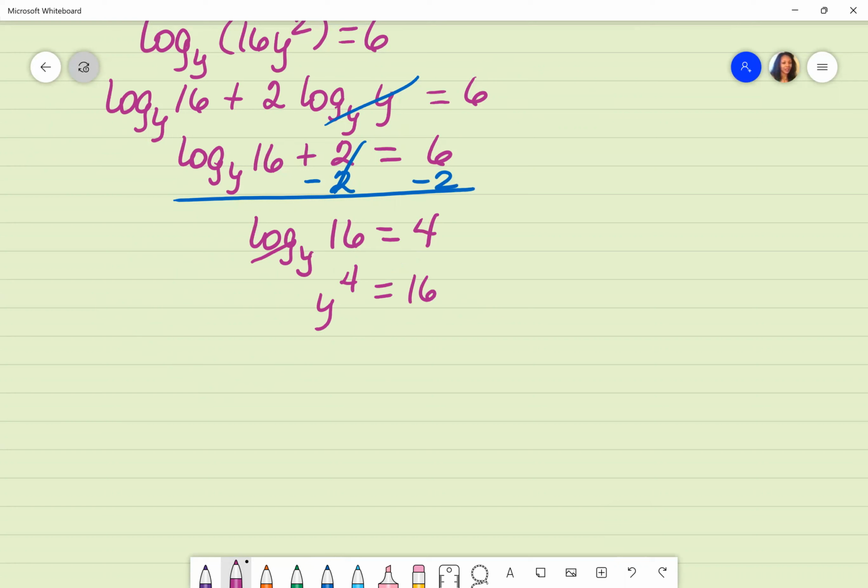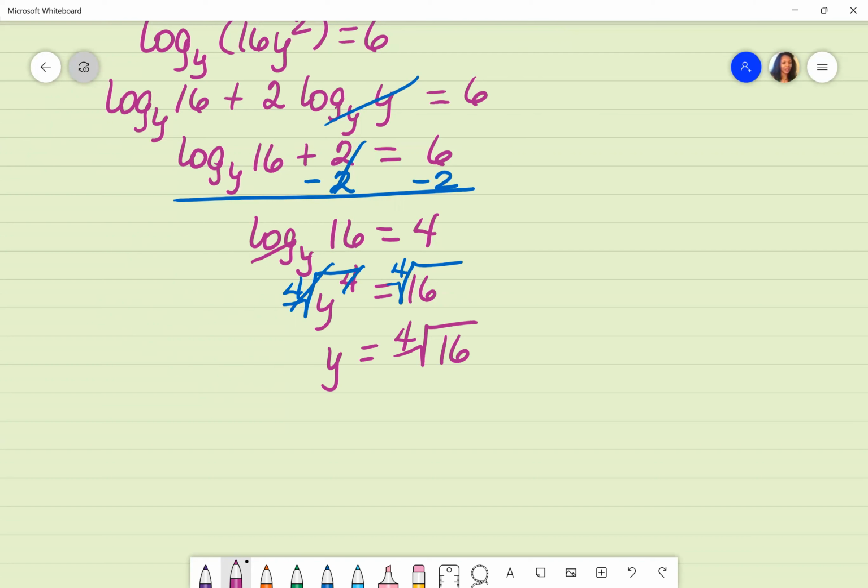And now I want to get rid of the exponent 4. So the inverse of the exponent 4 is the 4th root. So I want to take the 4th root of both sides. And that will give me y is equal to the 4th root of 16. Well, what that means is what number times itself 4 times will give me 16.